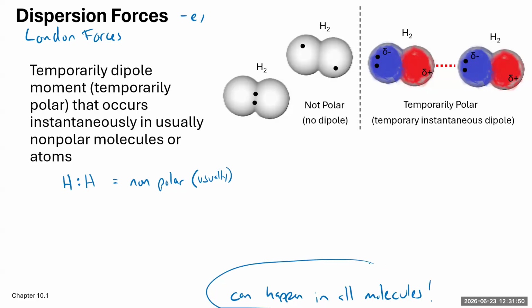I'm going to revisit that once we get to that part. All right. So what does that mean? Usually non-polar. Well, usually they're not. Usually those electrons are sort of hovering between those two hydrogen atoms. But electrons are always moving. So electrons always move.